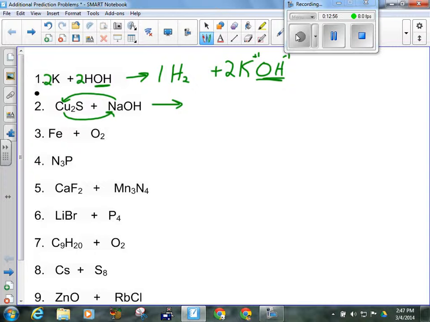So each metal will have a new partner on the other side. So copper 1 ends up with hydroxide. Sodium ends up with sulfur. All right. How did I know on this side that the charge on copper was only 1 and not 2?